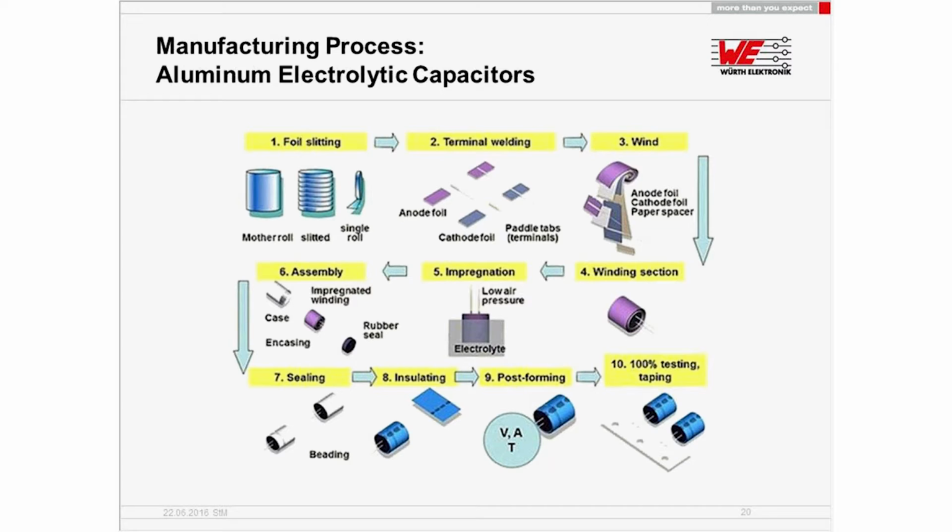And afterwards you apply a temperature procedure to polymerize the monomer to a solid polymer material, and this conductive material, the solid polymer, will replace the electrolyte from a standard ECAP to a polymer capacitor.